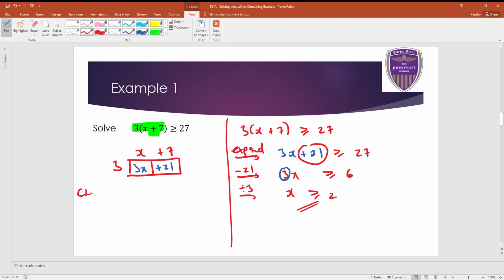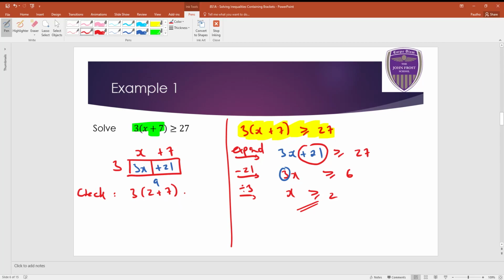But let me do my check as well to make sure I'm okay. Remember to check, I'm going to substitute x back into the inequality. So wherever I see x here, I'm going to replace it with 2. So I will get 3 bracket 2 add 7. That's the left-hand side. And let's see what we get. Well, brackets first. 2 add 7 is 9.